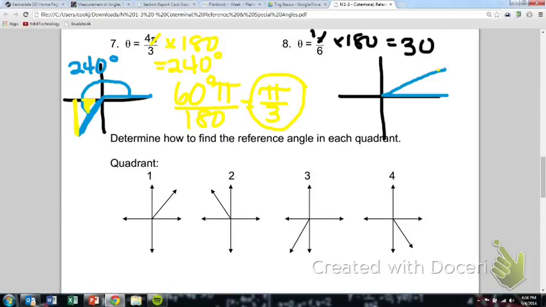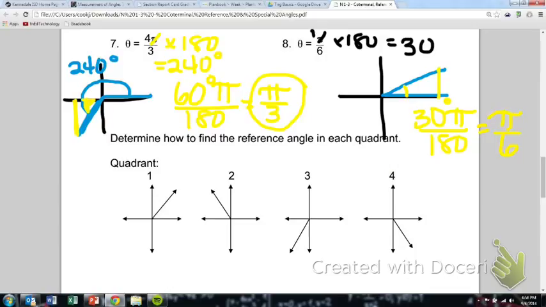From the terminal side back to the x-axis is 30 degrees. So 30 degrees is its own reference angle. We're going to talk about that in just a second. So in this case, 30 degrees is the same as pi over 6. So pi over 6 is its own reference angle. Kind of weird, right?